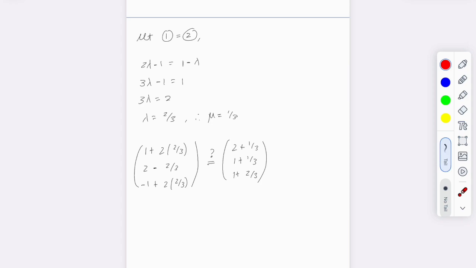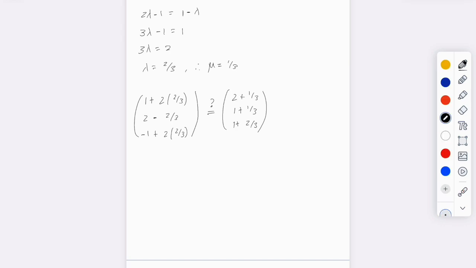Okay. And 2 minus 2/3, well, what does that give you? 4/3. And what about 1 plus a third? Well, 1 plus a third also gives you 4/3. Okay. Now what about these ones?